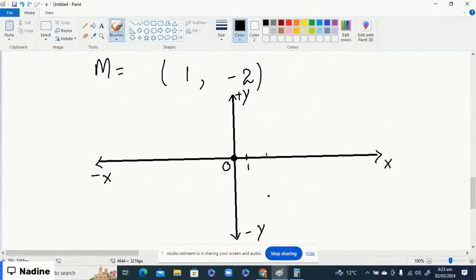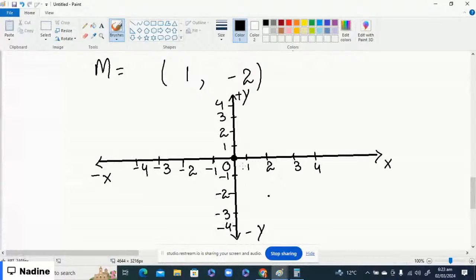Here it's 1, 2, all are the plus 3, 4. Here it's -1, -2, -3 and -4. This is again 1, 2, 3 and 4. This is -1, -2, -3 and -4.